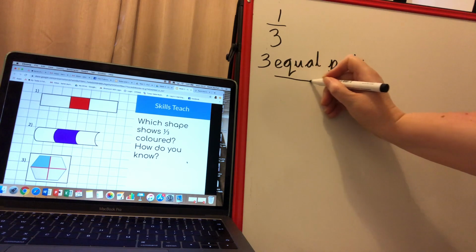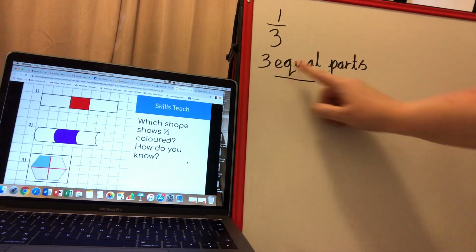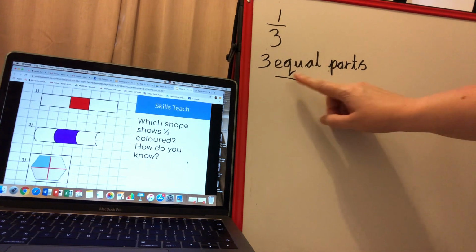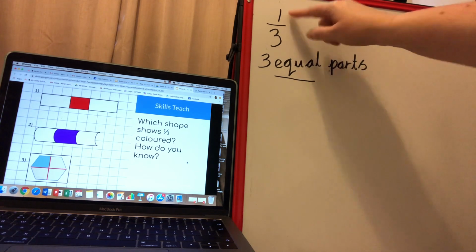I'm going to underline that word, equal. So altogether there needs to be 3 parts, but all 3 need to be equal. They need to be the same size, and then one of them needs to be coloured.